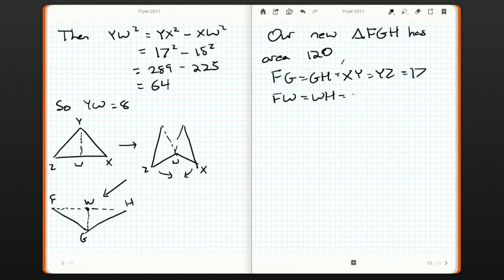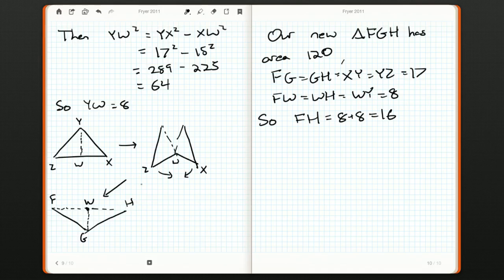FW and WH are equal to WY, which we just figured out was 8. That means FH, this length here, is 16.